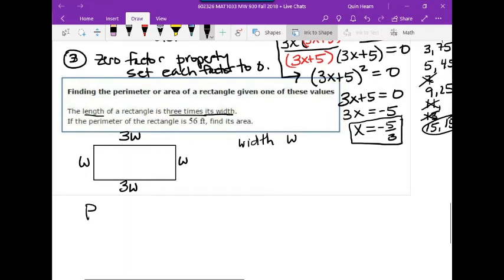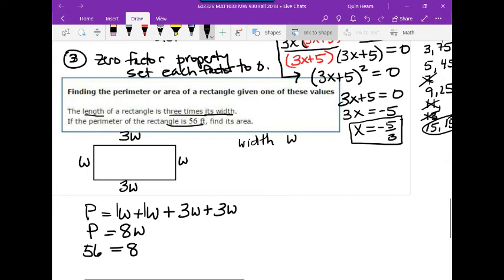And the perimeter, P, is going to be w plus 3w plus w plus 3w. So if you add up all of those, we have 1w, 1w, 3w, 3w. That adds up to a perimeter of 8w. And they tell us that the perimeter is 56 feet. So 56 equals 8w.